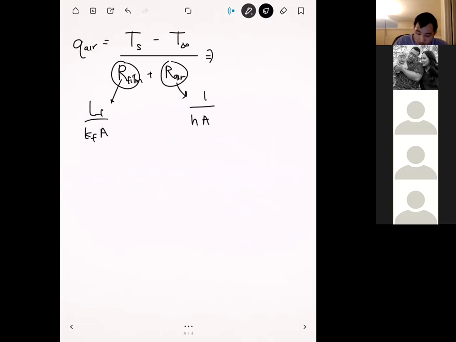And then just like we did for the substrate, we're going to compute the heat flux. And so we said that Q air double prime is equal to Q air divided by A. And so this area here is going to cancel out with these guys.